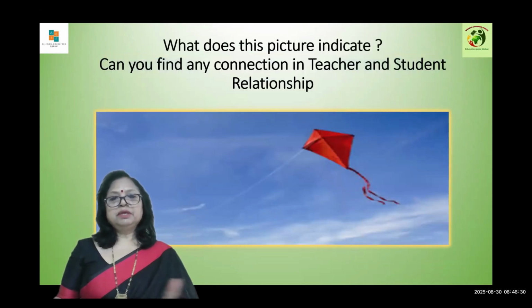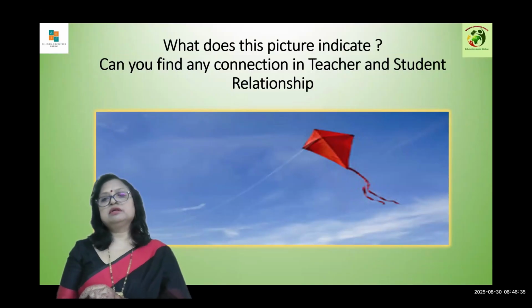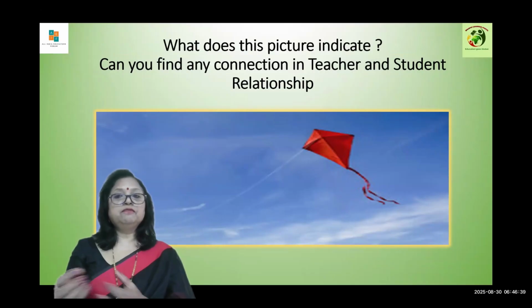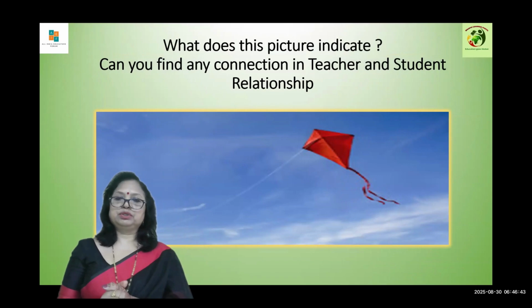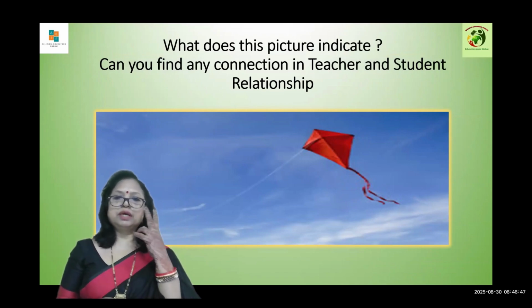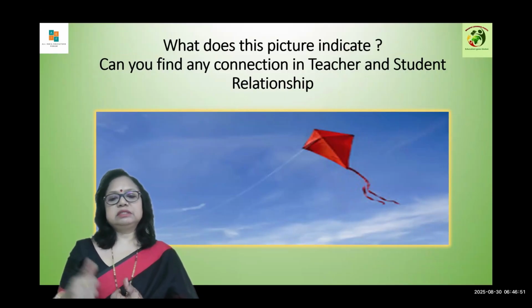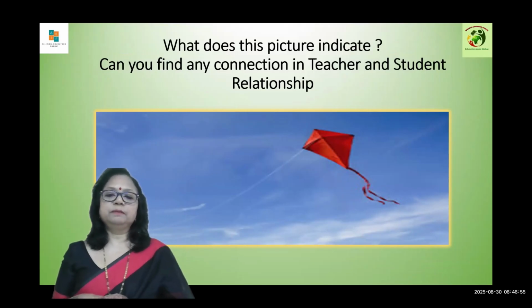So tell me, friends, what does this picture indicate, or what kind of feeling do you have when you see this picture? Can you find any relation to the teacher and student relationship where this kite and the thin line of thread is being shown?